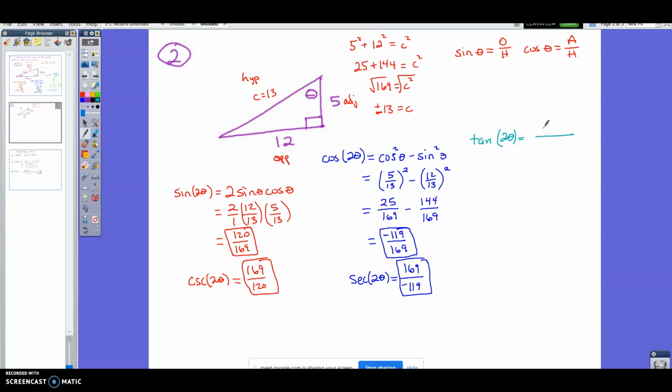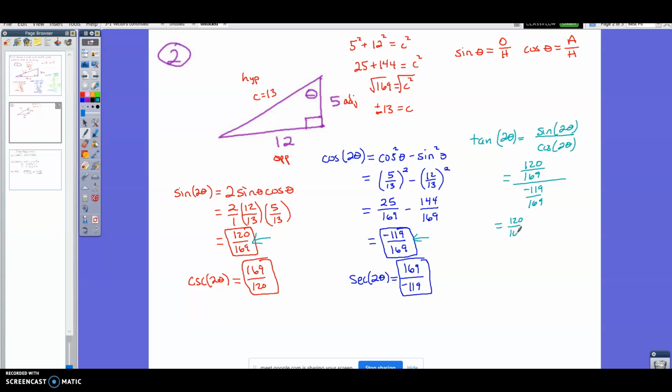And for tangent of 2 theta, we use the same formula. Since we already know the sine of 2 theta is 120 over 169, and the cosine we found was negative 119 over 169, we keep, change, flip.